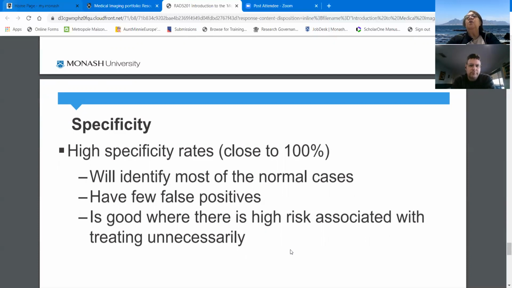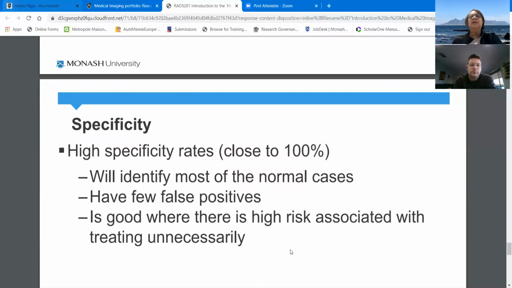What we do find with radiographers working on their own is that quite often the referring doctors or nurses will act on the radiographer's opinion, although they still need to get the final report.